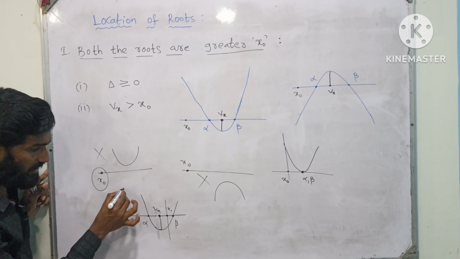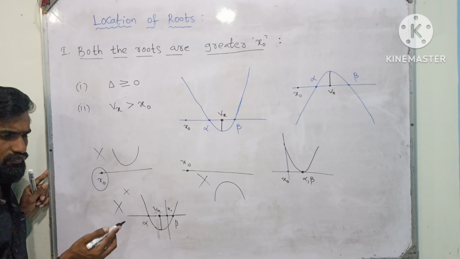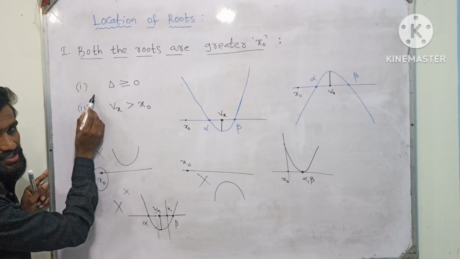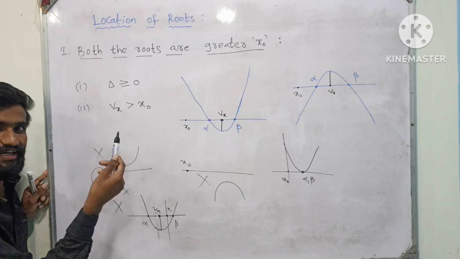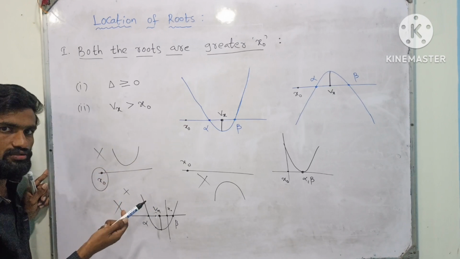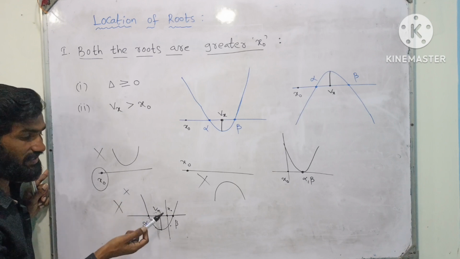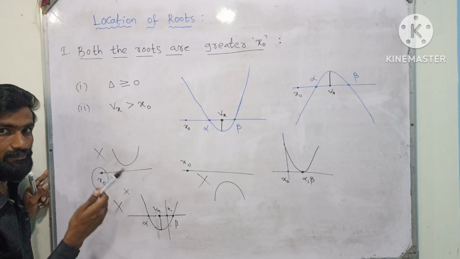Therefore, if I want to eliminate this case, someone may ask, sir, why do you consider this case? According to the first condition, discriminant greater than 0 means two roots should be there. These two are the roots. But this is the false case.